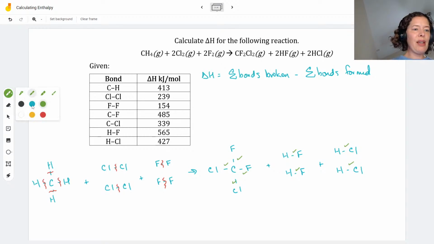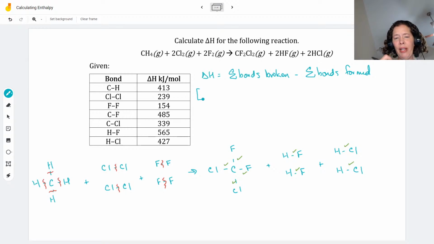So same thing as when we were doing products minus reactants. I'm going to use big brackets here. What I've got is 4 of my carbon-hydrogen bonds have been broken. So 4 of these bonds have been broken, and those are 413 kilojoules per mole. I have other bonds that have been broken.